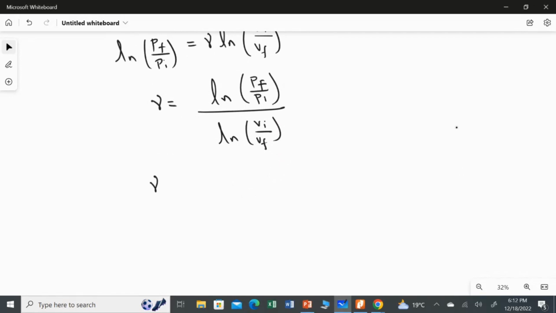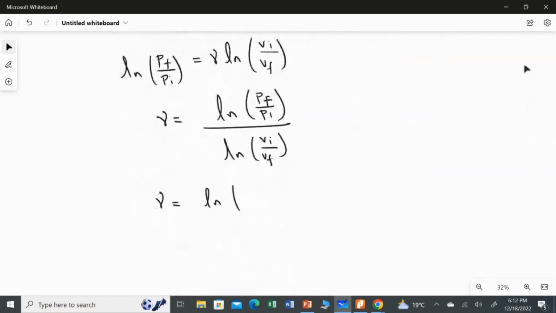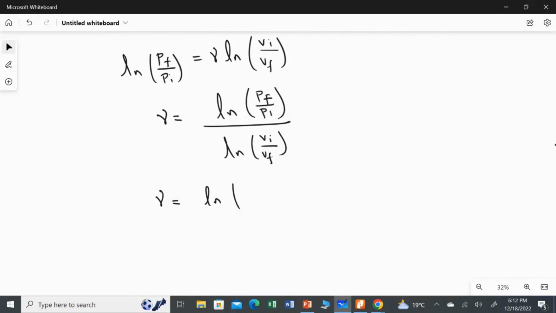If you substitute, gamma equals natural log of Pf over Pi, where Pf is 8 atm and Pi is 2 atm, divided by natural log of Vi over Vf, where Vi is 350 liters and Vf is 130 liters. Clear? Okay.